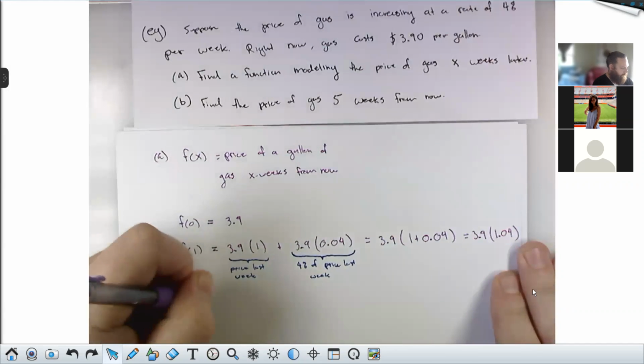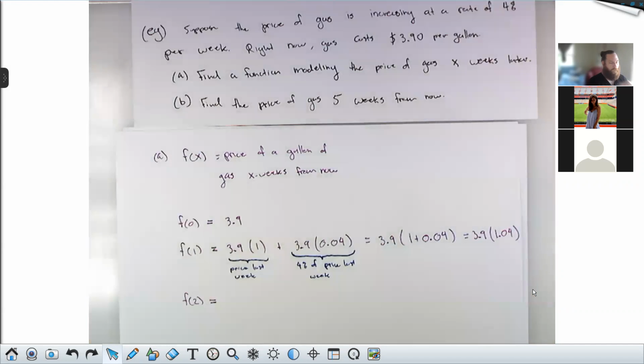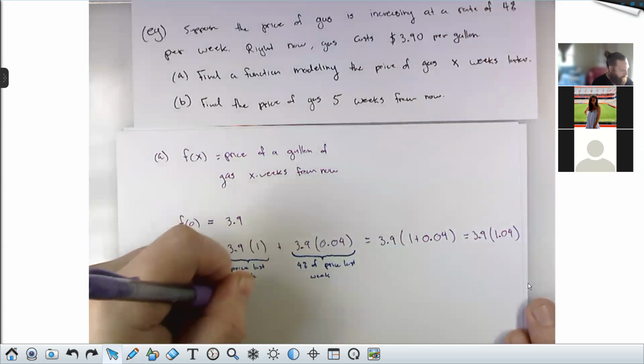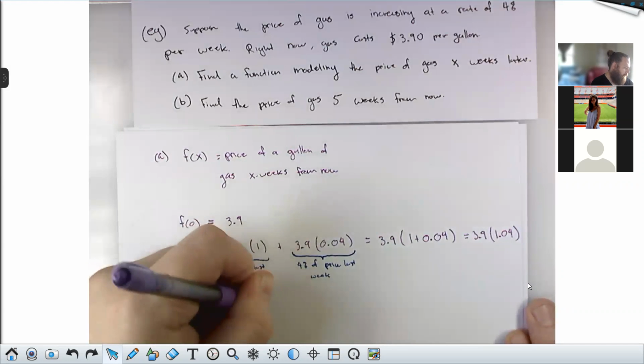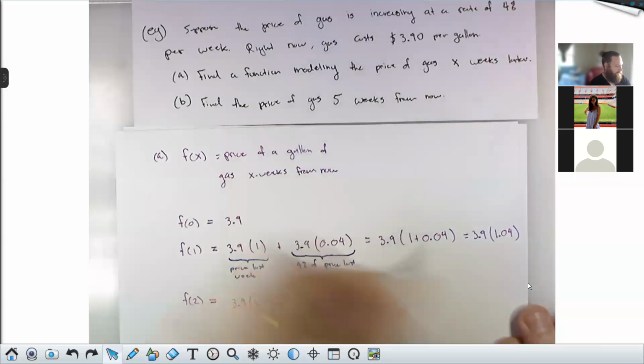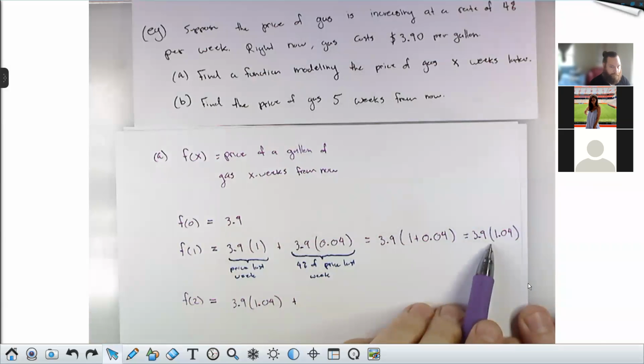f of 2. This should be the price of gas last week plus 4% of the price of gas last week. So that's 3.9 times 1.04, that was the price of gas last week, plus 4% of this number.